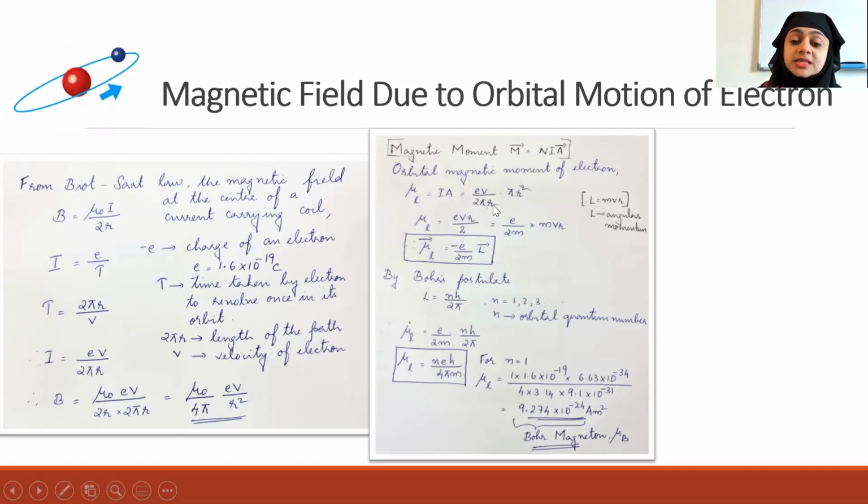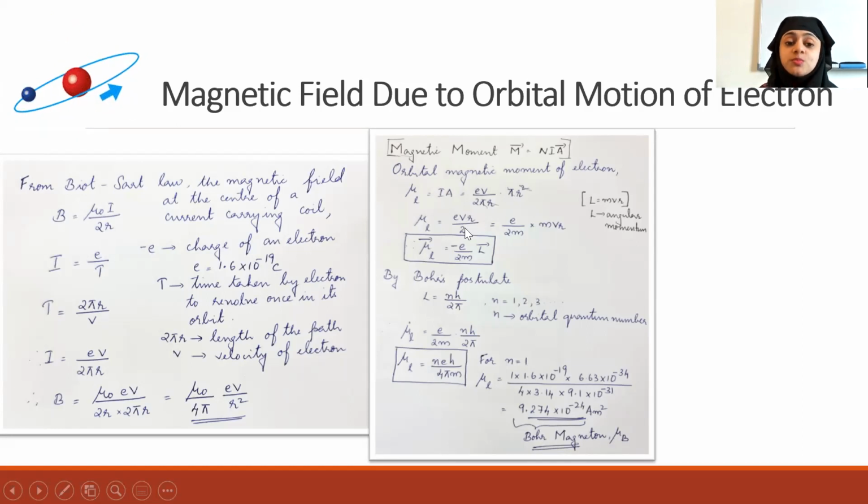So pi gets cancelled and one of the r gets cancelled, because pi and r in the denominator cancel with pi and one of the r in the numerator. So we got mu L is equal to evr by 2.